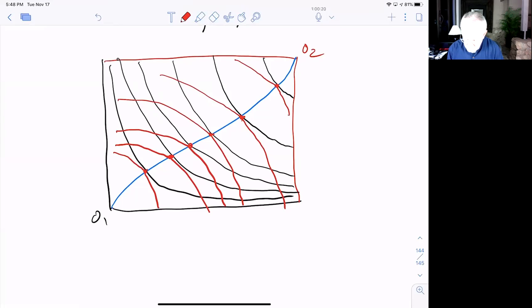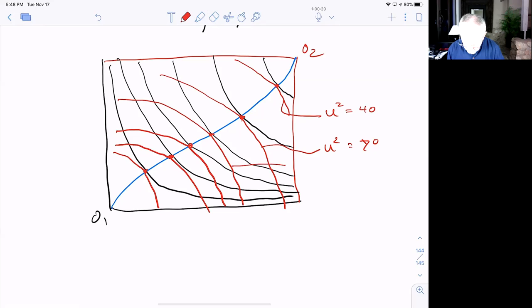Now, what I can do is look and see what the utility is associated with each of these indifference curves. So suppose for person 2 here, utility on this curve is equal to 40. And utility on this curve, further from the origin, is equal to 70.